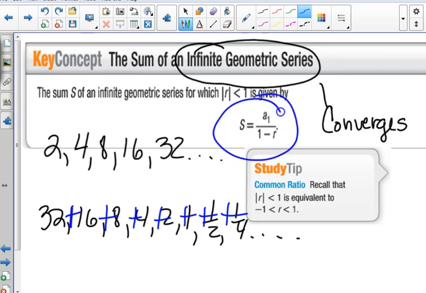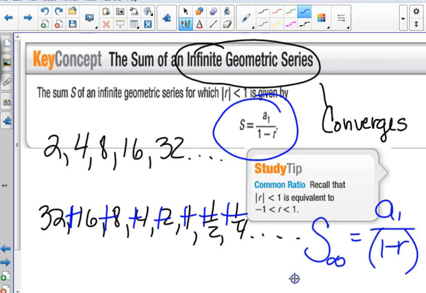It's this little formula. That's all you have to do. The sum of the infinite sequence is the first term divided by 1 minus r, and you would need parentheses like that. So do this one for me right here. What's the first term of my sequence? Okay, why does this one work again?